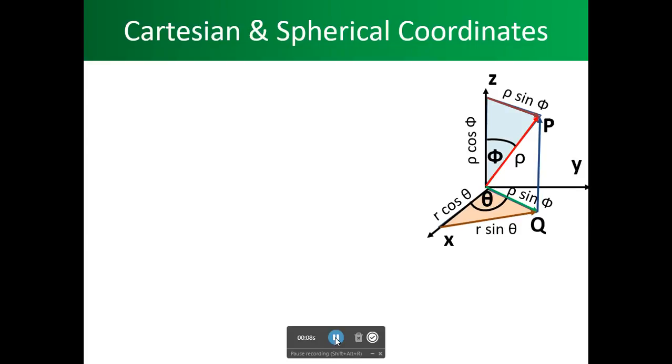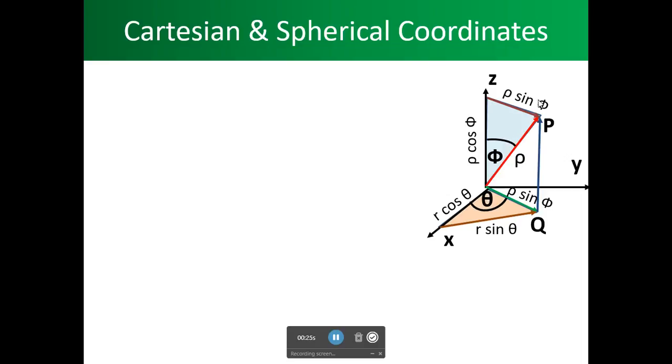Emanuel. Right now we're looking at Cartesian and spherical coordinates, how they're important and how we have to look at them. We have two different angles here. We have theta and we have phi. Phi is related to the z component.